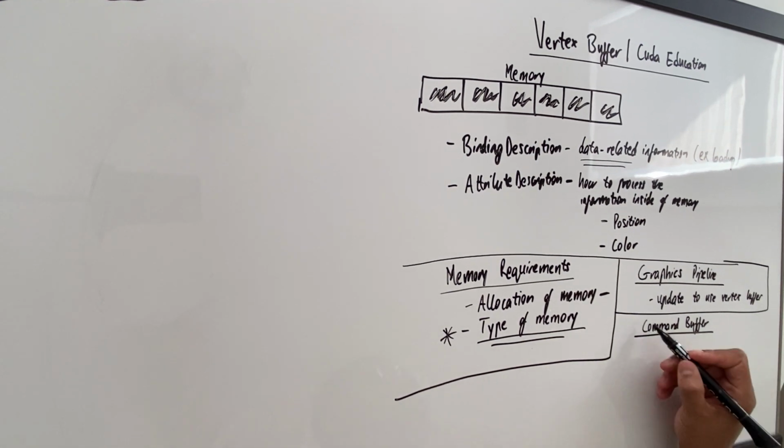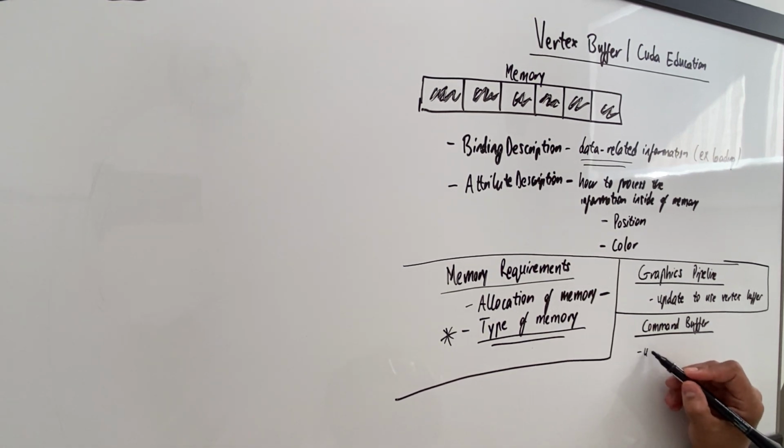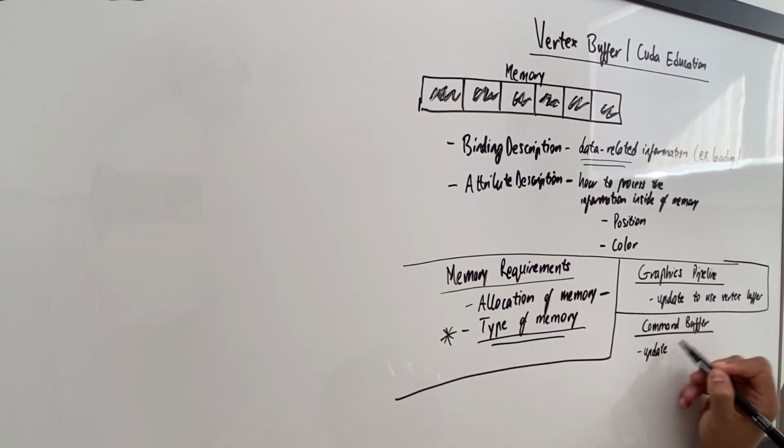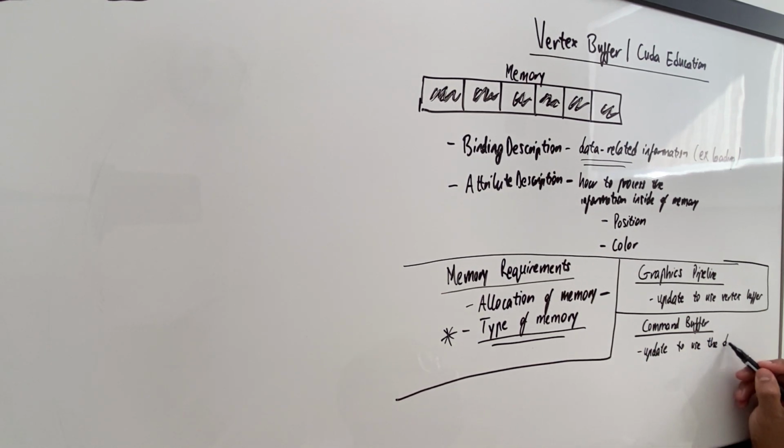So the command buffer is a very important piece in the Vulkan API, and you have to update it to use the data in the vertex buffer.